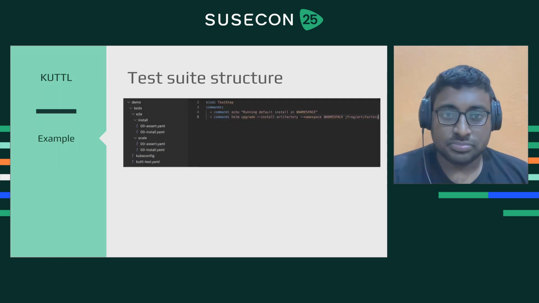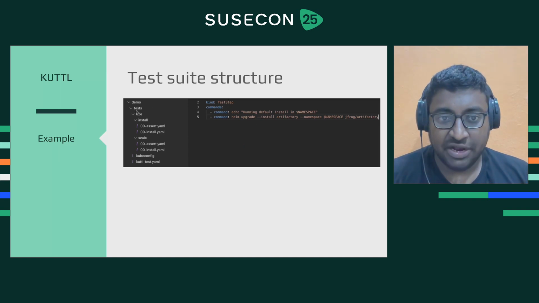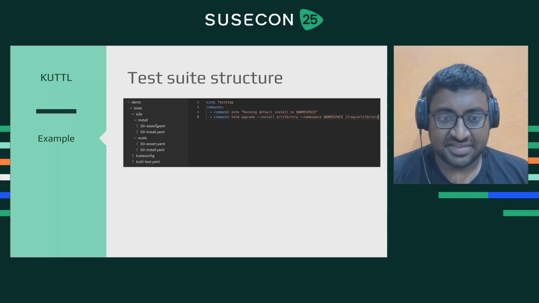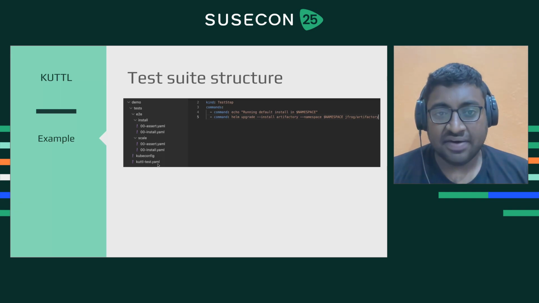So the final structure would look like this: I have a demo application where I would like to run my end-to-end tests. I have two tests, trying to install two tests and to see how Kuttl can be used to run them. kuttl-test.yaml is the test suite where you define the prerequisite steps to set up these tests.